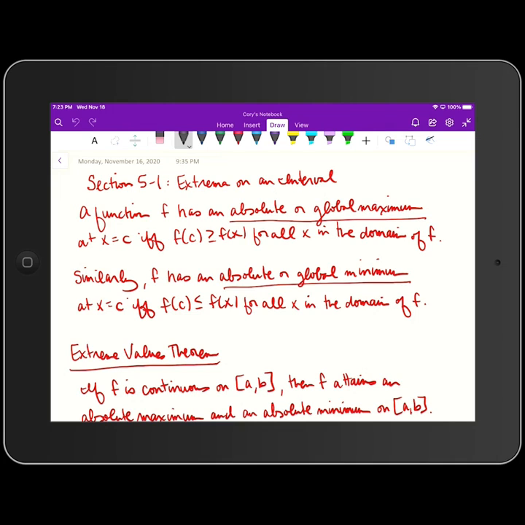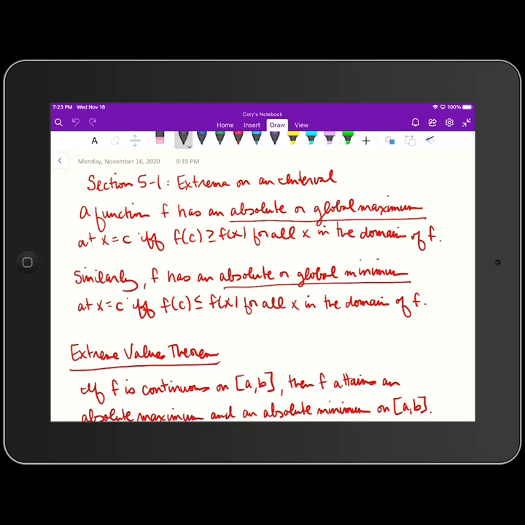The first one says that a function f has an absolute or global maximum. Okay, so those are both synonyms. Just to let you guys know, I always call them absolute maximums and absolute minimums. A function f has an absolute maximum at x is equal to c if and only if f of c is greater than or equal to f of x for all x in the domain of f.